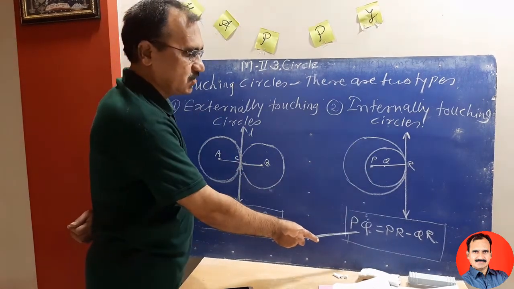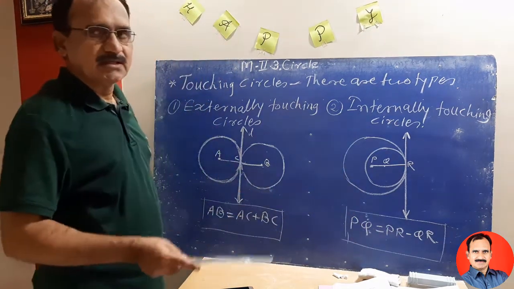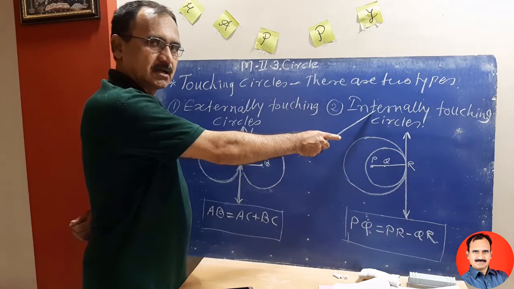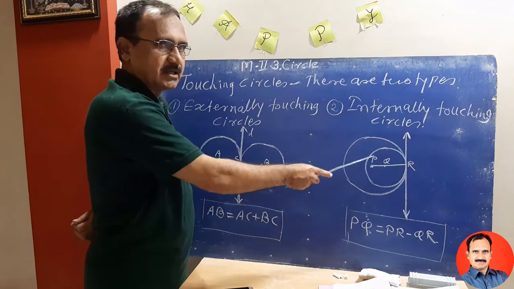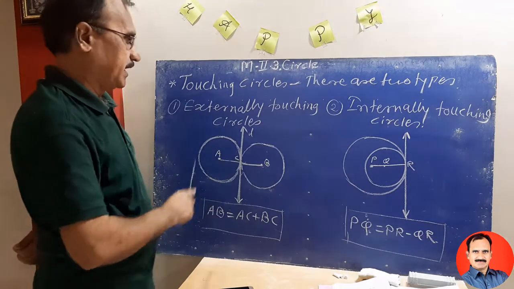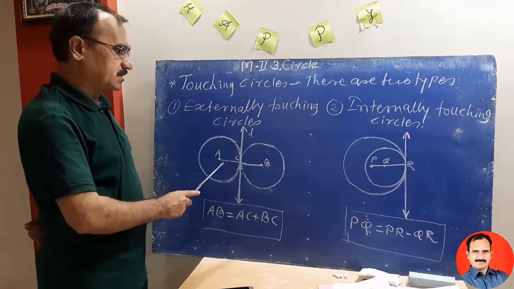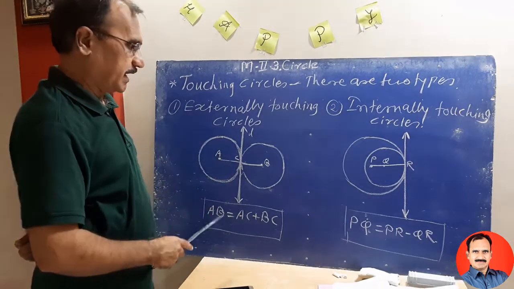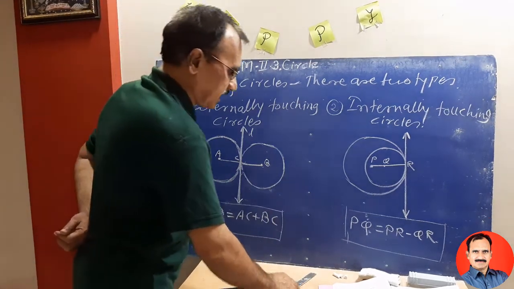That means if circles are internally touching, then and only then the distance between their centers is the subtraction of the corresponding radii. And if circles are externally touching, then and only then the distance between their centers is the sum of the corresponding radii. Draw this figure and write the distance between the corresponding centers.